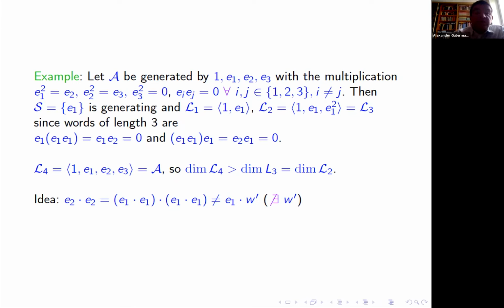So if we consider it as a generating system, E1, then certainly the space spanned by words of length not greater than 1 is here. L2 is here.